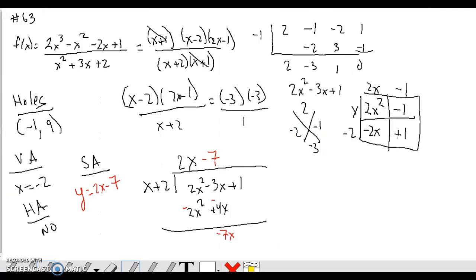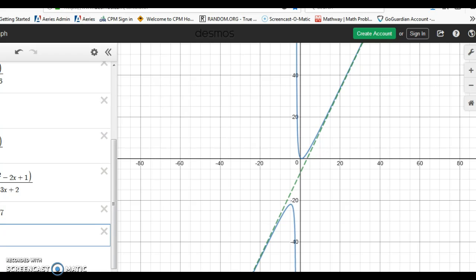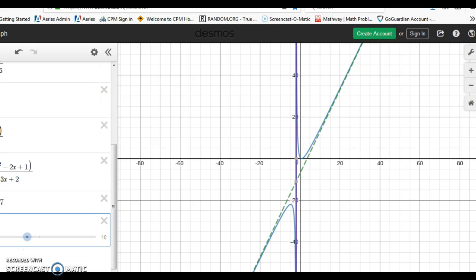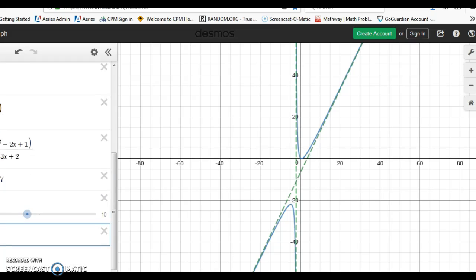And then the other one was x is equal to negative 2. Let's see what that looks like, dashed and green. So again, what you want to do is plug in some points and find out what's happening. Again, the domain is all real numbers except for negative 2.